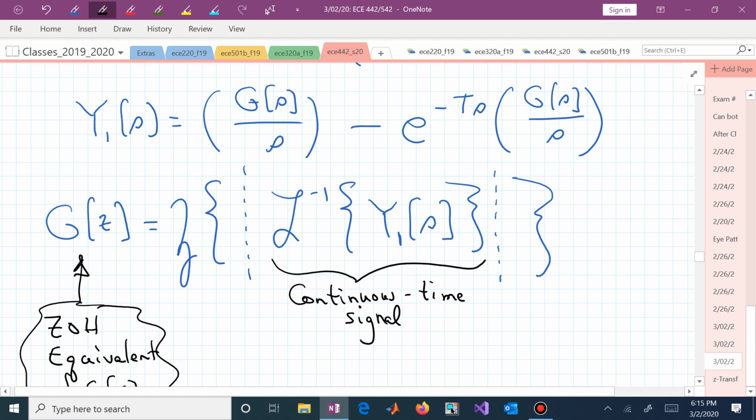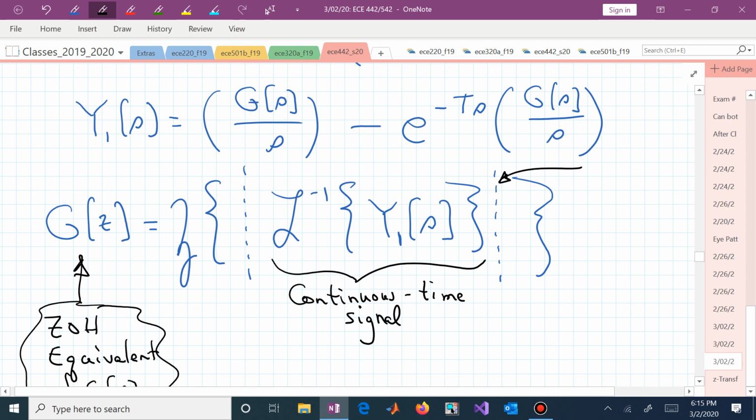That's the unit pulse response that results from this combination of a zero order hold and plant combination. Then I sample it with my D to A converter at the output. That's what this is. Do you see the sample?